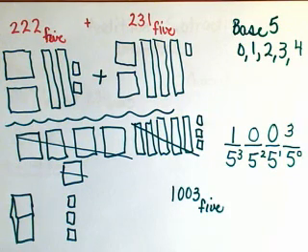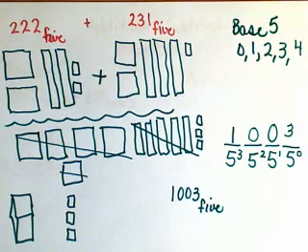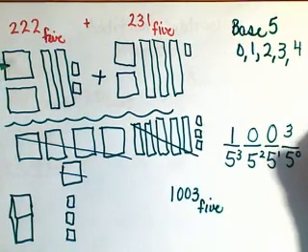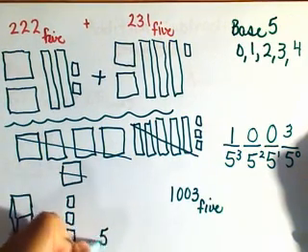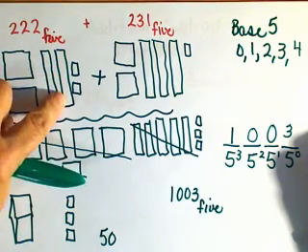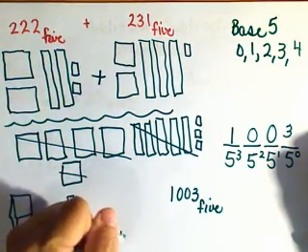Okay, now if you want to check this using base 10, you can change this number to base 10. Okay, let's just look and see what it is. Here I have 25 times 2 is 50. Here I have 5 times 2 is 10.